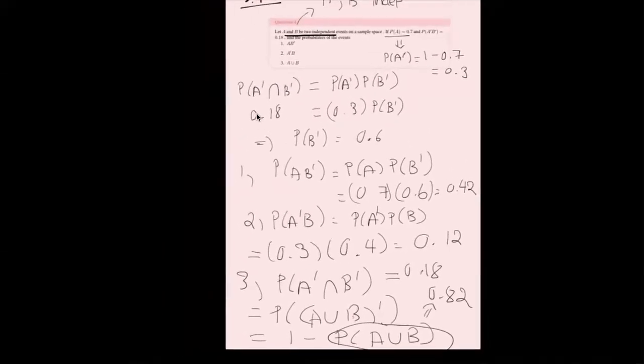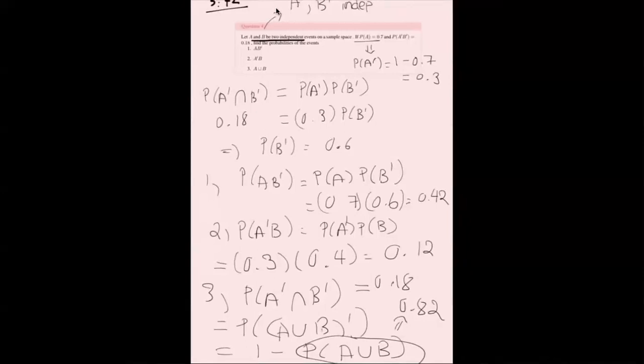Any question about this part? Can you go over the third one again? Yes. I started with probability of A complement intersect with B complement.